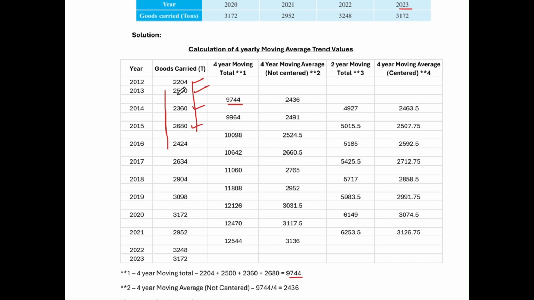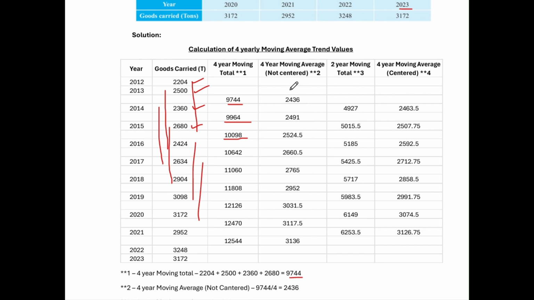The total of these 4 will be 9964. Next we add these 4: 2360, 2680, 2424, 2634. Then the total will be 10,098. Again we drop the earliest one and add the next one. Respectively we will calculate for the next years.